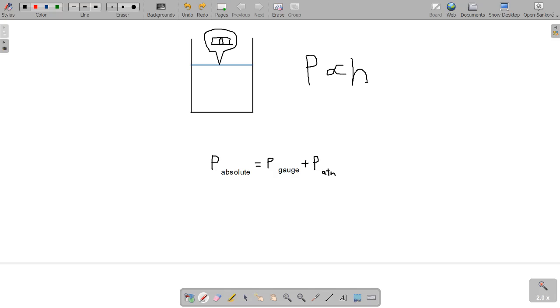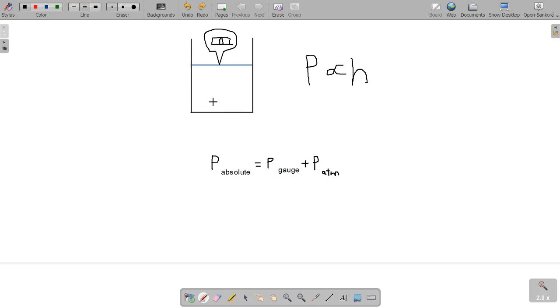This atmospheric pressure varies as your altitude increases or decreases, but most of the time it stays around the same level. So this 0 here is the gauge pressure. The absolute pressure is the gauge pressure plus the atmospheric pressure.